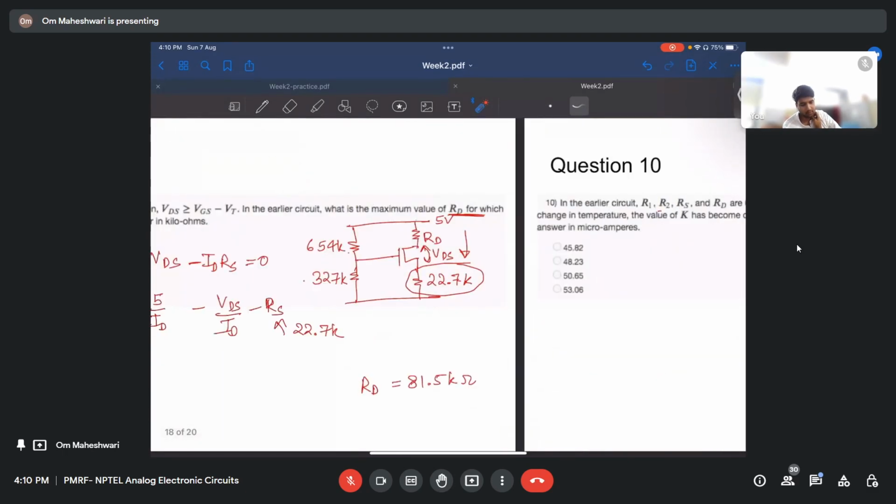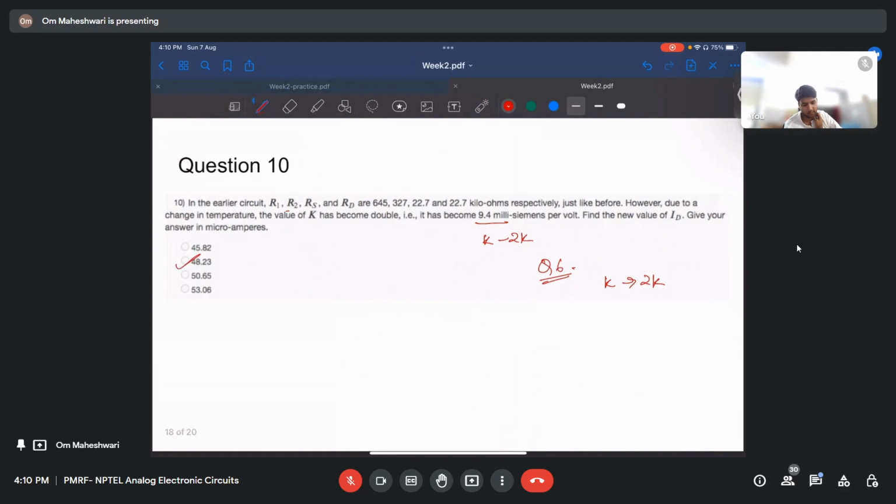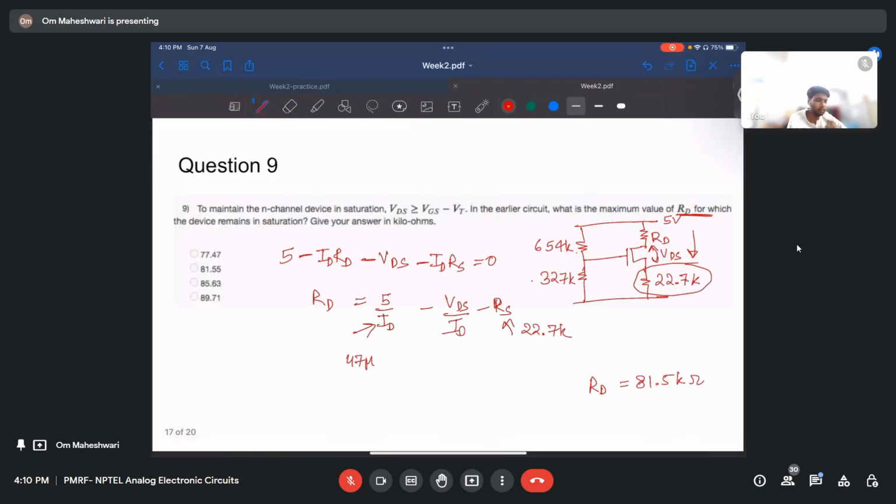The answer to this one should be 48.23. So please try to solve these both. I have skipped a lot of details in the last two questions, but they are very straightforward and similar to what we had done earlier.